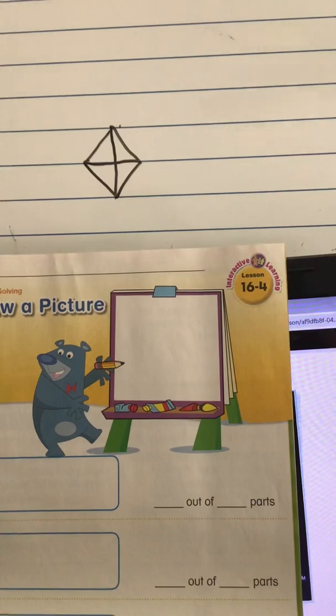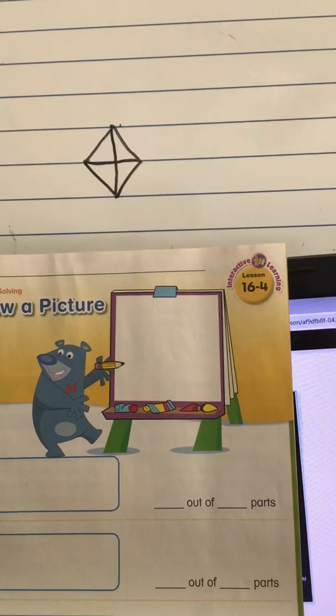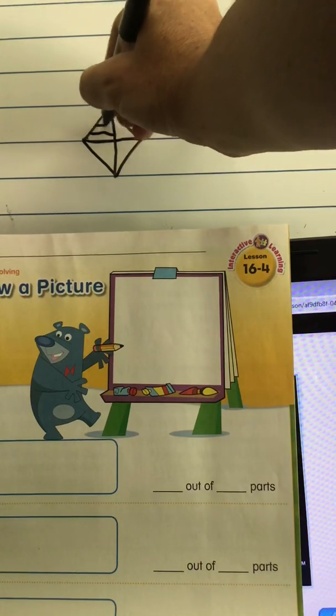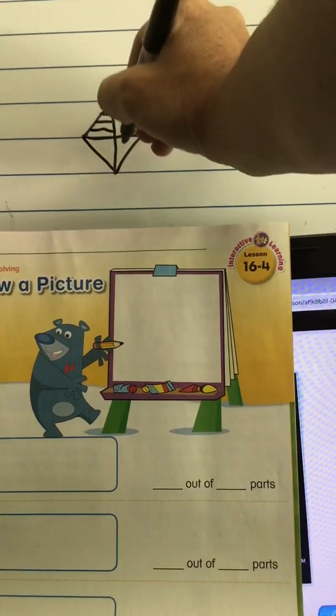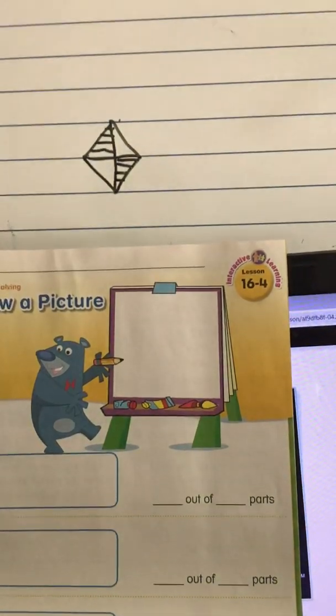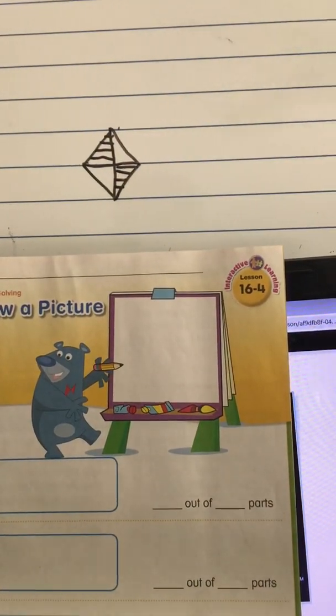I'm going to give 2 of those parts stripes. And I'm going to give 2 of those parts dots.